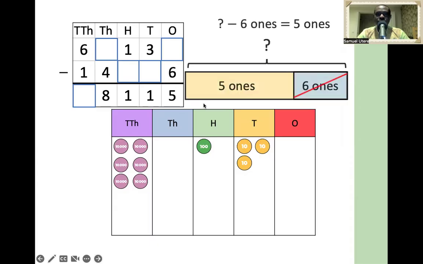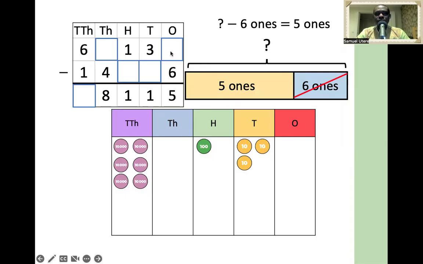So if you look at the first one, we know that we took 6 away from a number of ones to get 5. Now, if you use our bar model, we'll see that it has to be 11 ones.